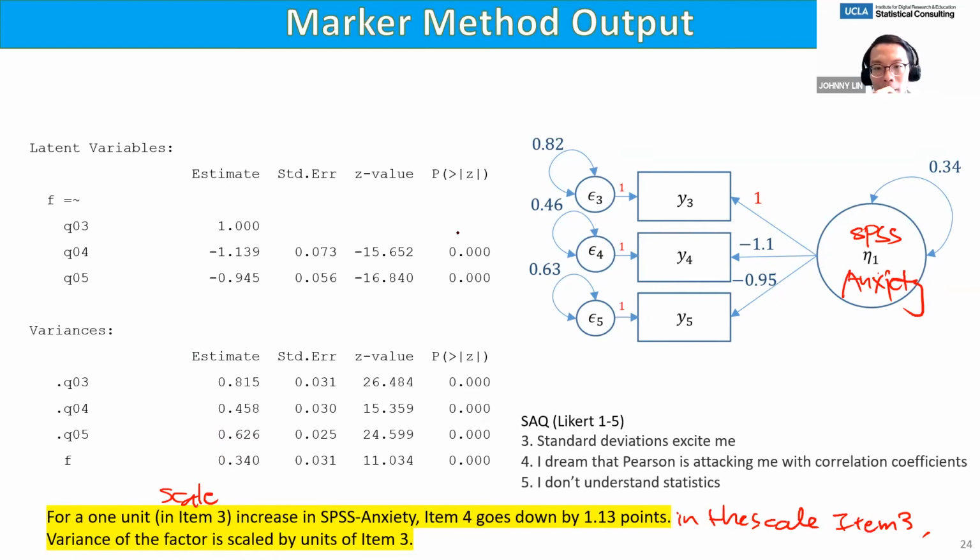Now you can look at the p-value, but honestly, all that is testing is that the coefficient is greater than 0, which I don't know is that interesting for a loading. Then basically what I did was represent each of those parameters in the path diagram. And you see that this is a marker method because I'm fixing the loading of the first item to 1. I interpreted these for you. Any questions about the interpretation?